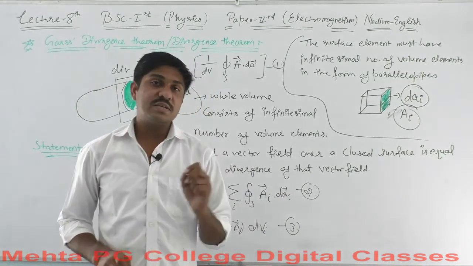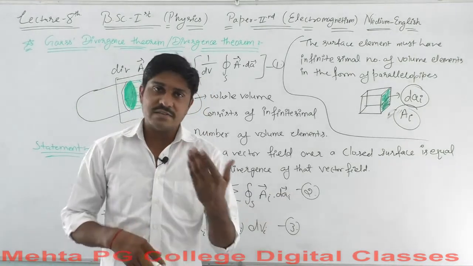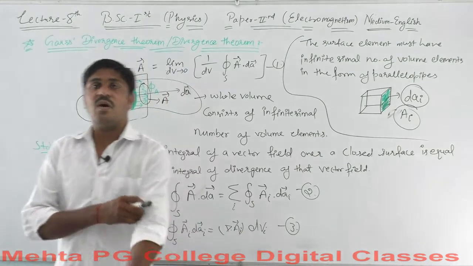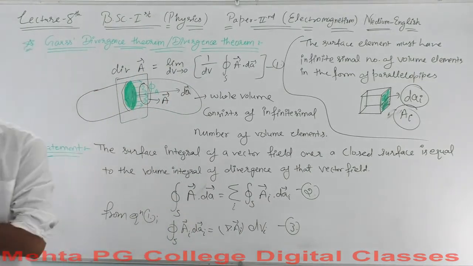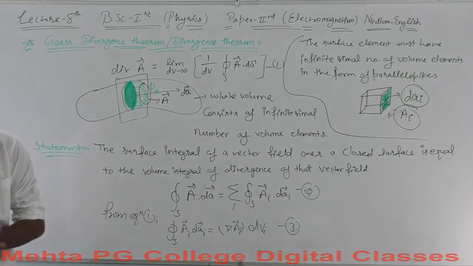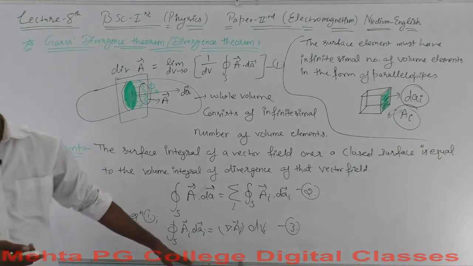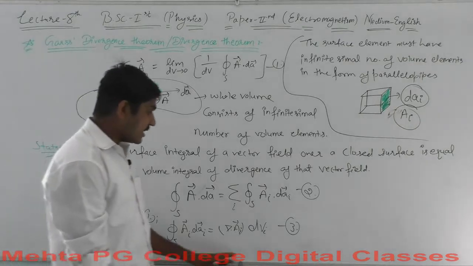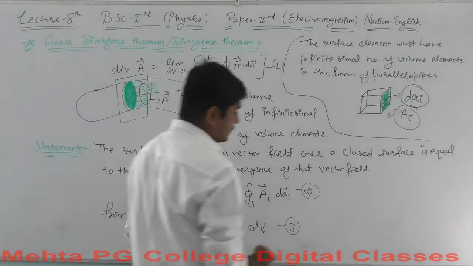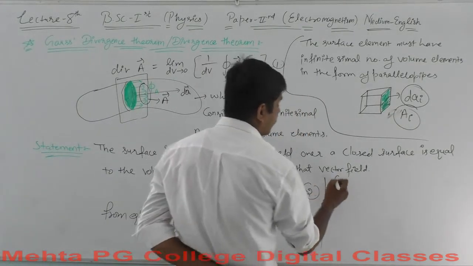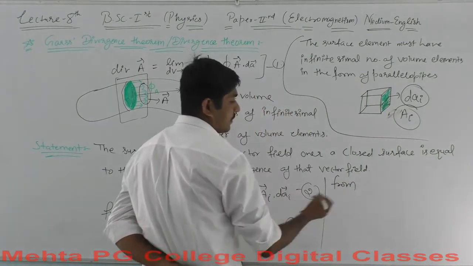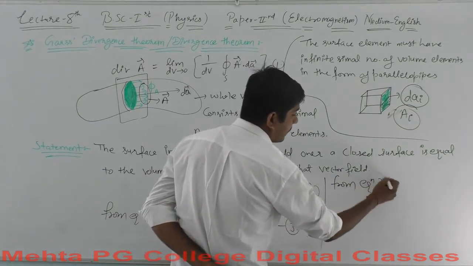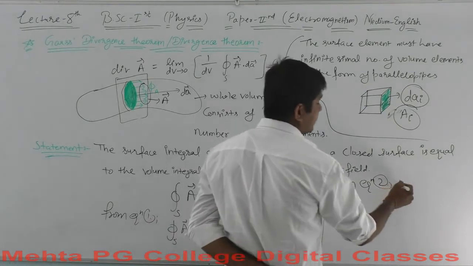You can simply write a single element over there, and that will be for all. This dVi is the volume of the ith volume element. So now this can also be written from equation 2 and 3.